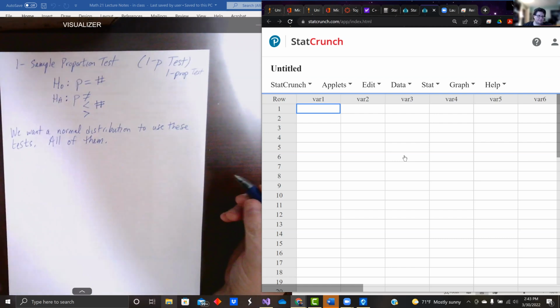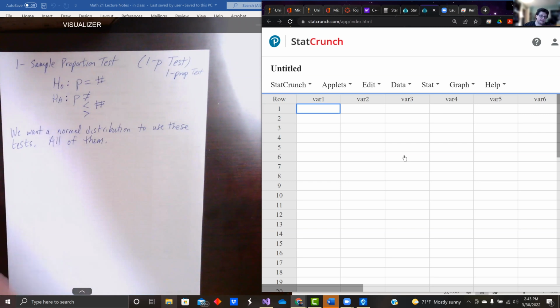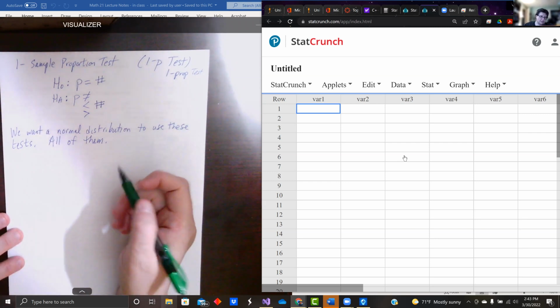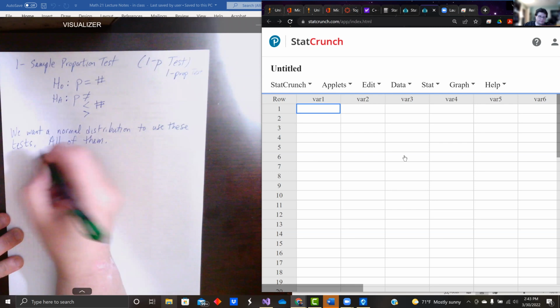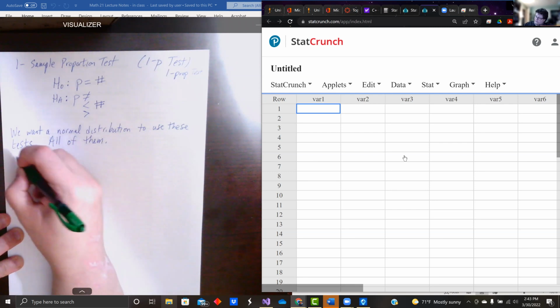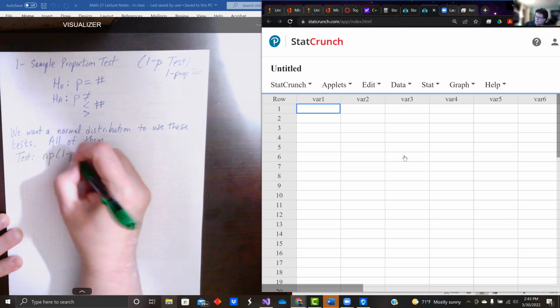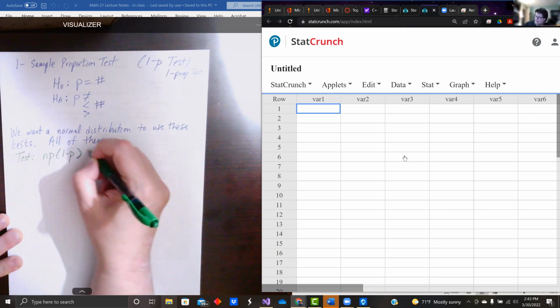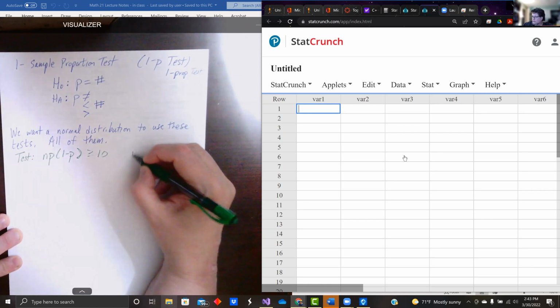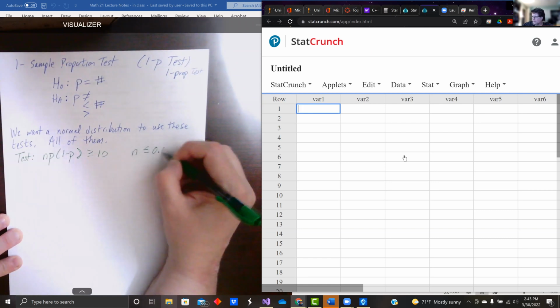So we test some stuff for each test. So for a proportion test, we want to make sure that n times p times 1 minus p is greater than or equal to 10. And we also want n to be less than 5% of the population.